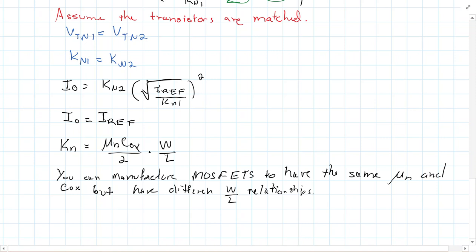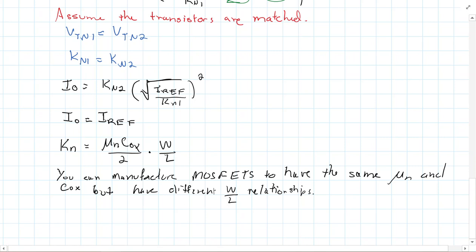And L is typically going to be the same for the devices, well, I shouldn't say that, they do vary the length, but we can have different W over L relationships.